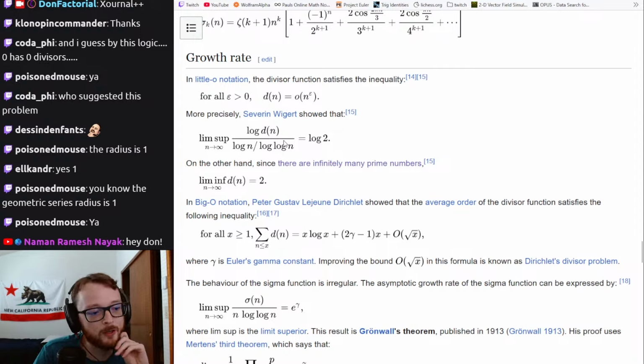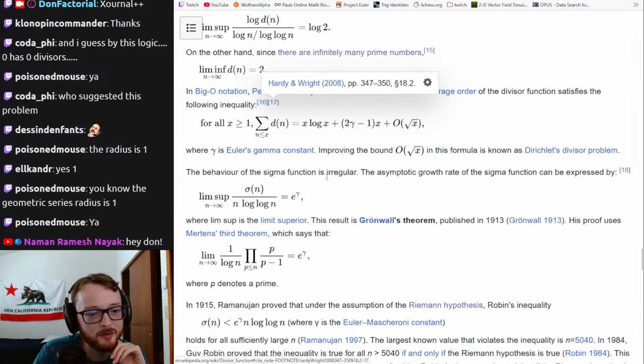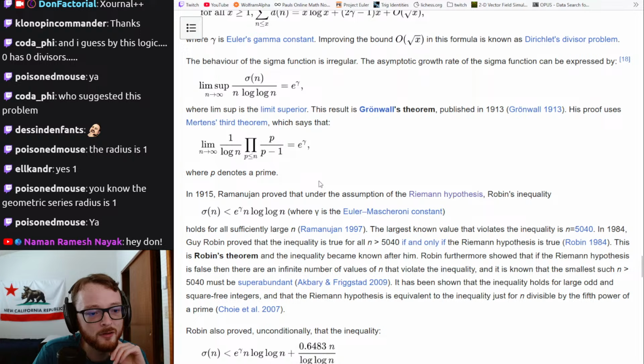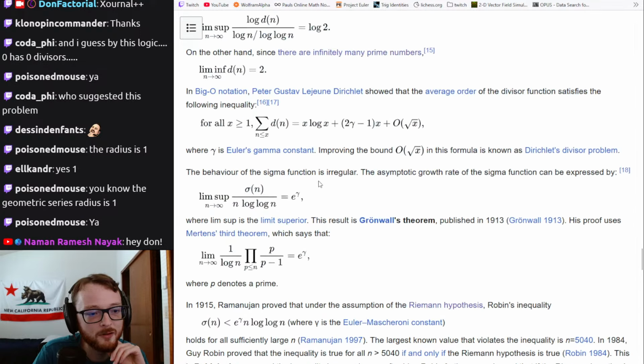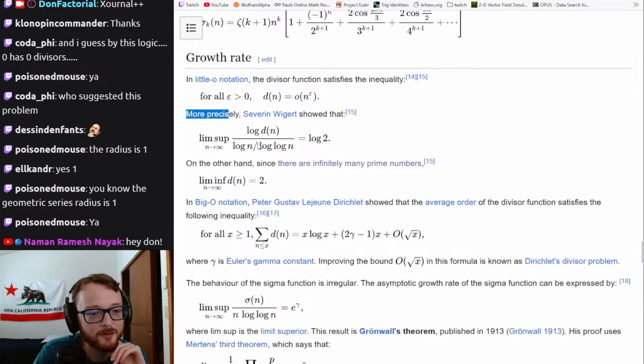Okay, so I do think we can justify a radius of 1. What is this? Does it just asymptotically approach log 2? That seems weird.